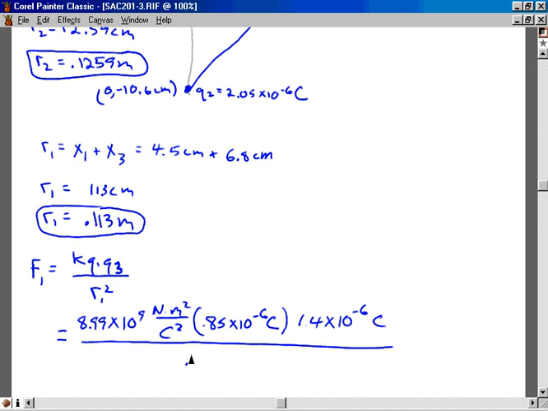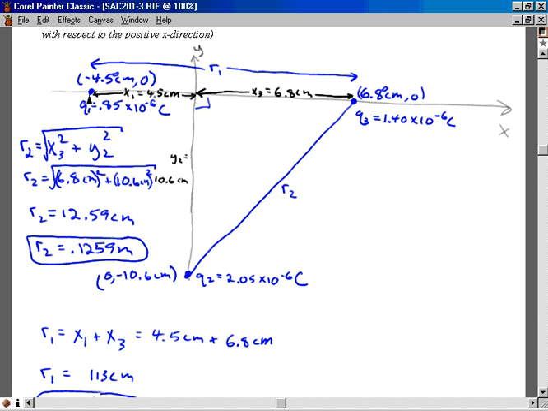We just found R1 to be 0.113 meters. That's the distance particle 1 is from particle 3. So we're now calculating the force of 1 on 3.